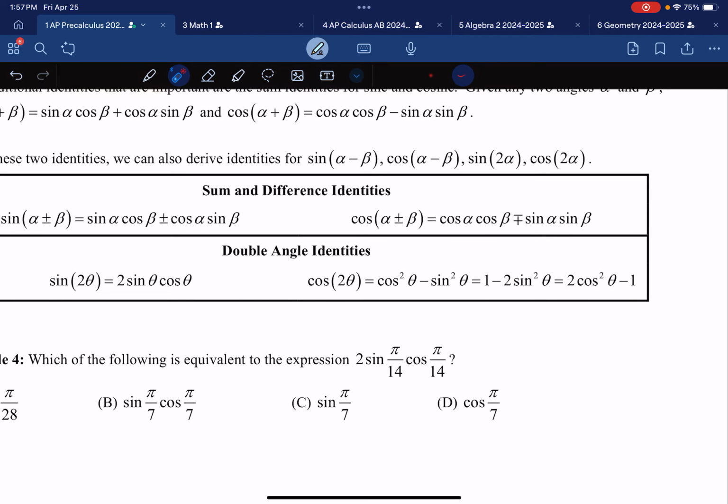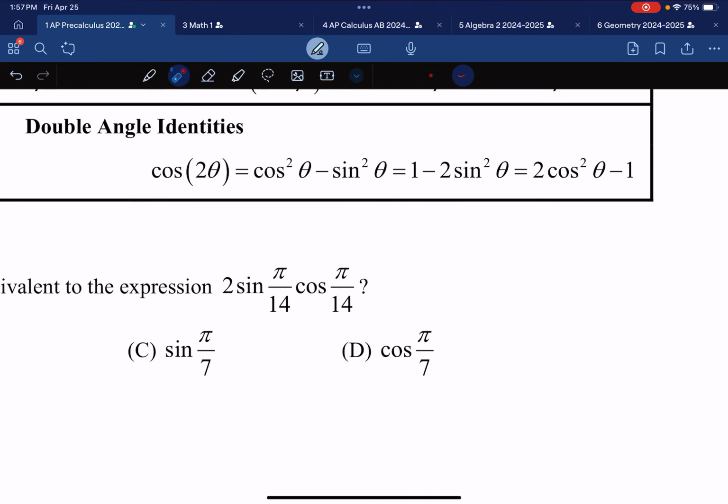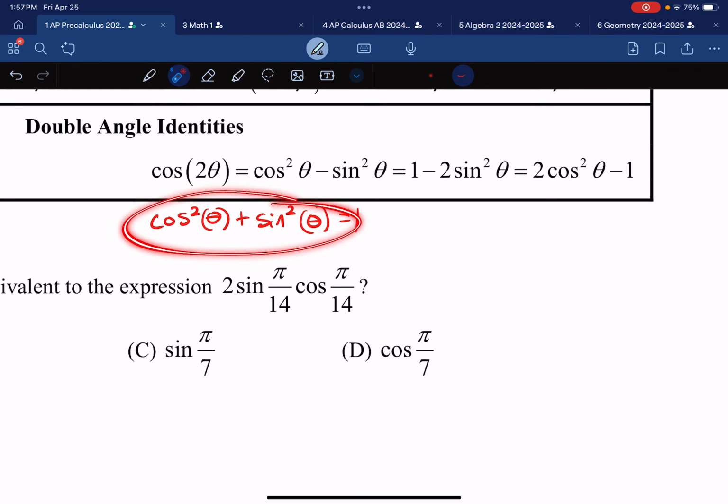Let me do one of them really quickly just to prove that I can. I happen to know that cosine squared of theta plus sine squared of theta is equal to 1, because this is the Pythagorean identity that I memorized first. That should be the first thing that you memorize in this lesson.